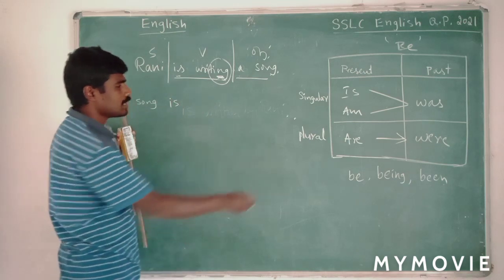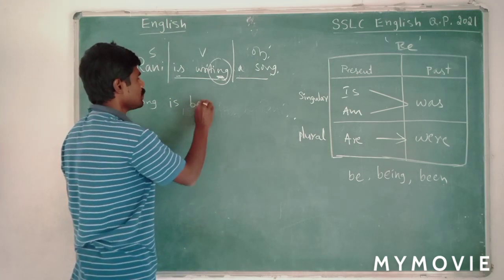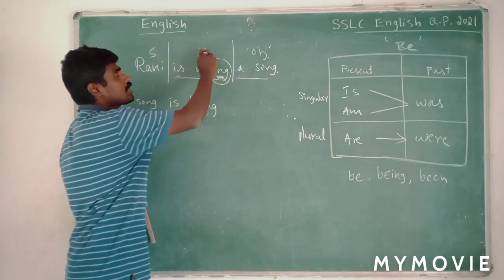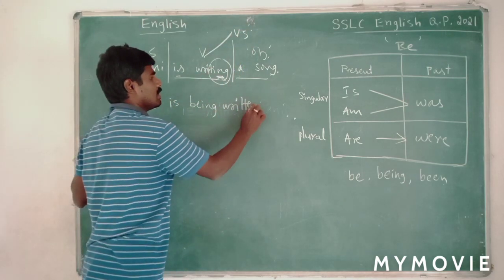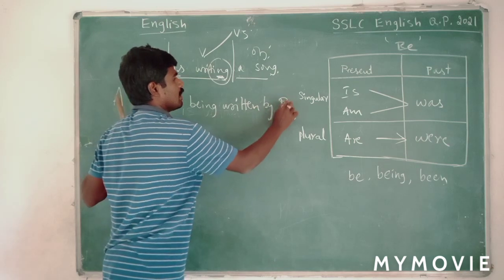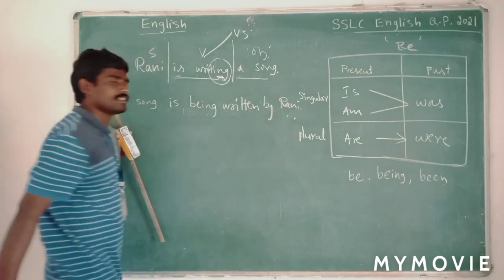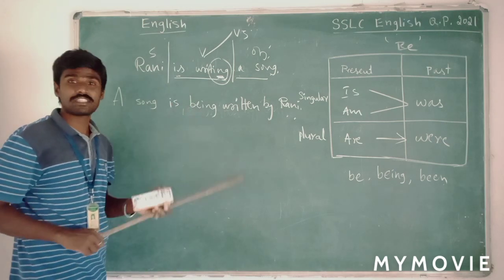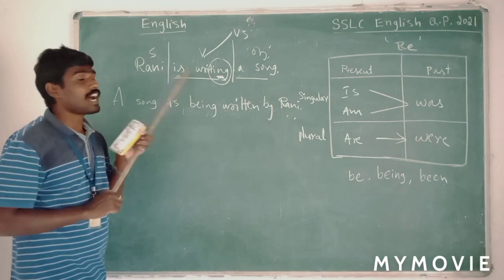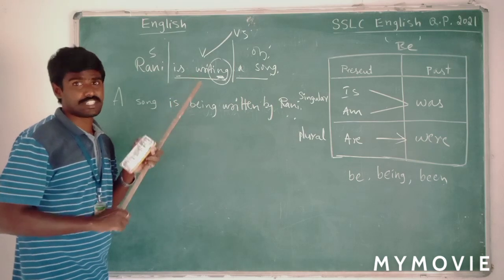Yes, now we use that being. Being. Now we write the V3 form of this verb. Written. Written by Rani. So this is how we change the sentences into passive voice if the sentences are in continuous tense.